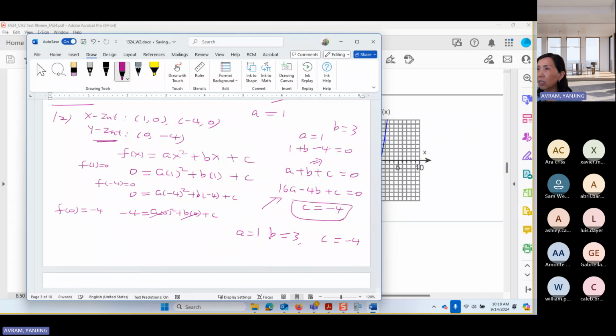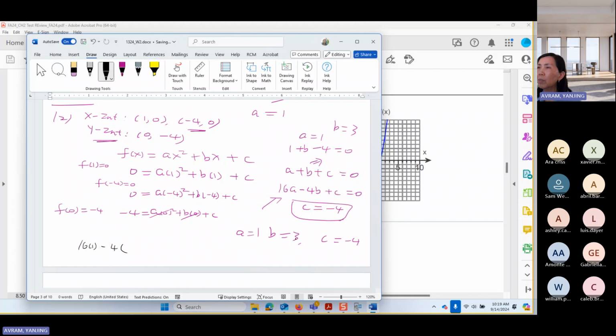We can double check with the second equation to see if it's correct. So 16 times 1, minus... oh, yeah, I plugged in the wrong one here.